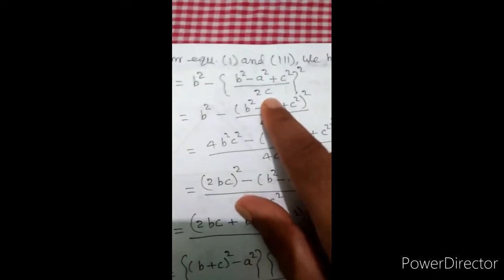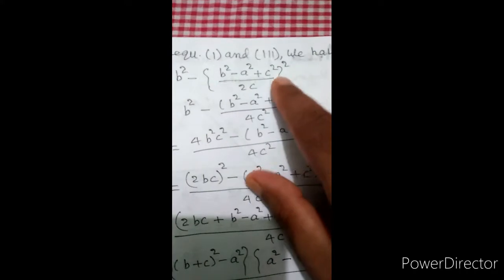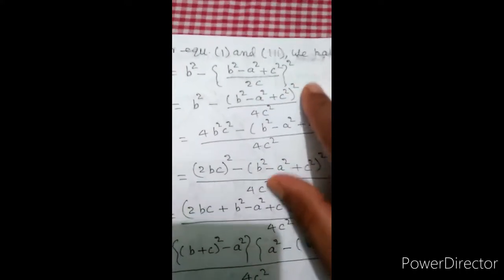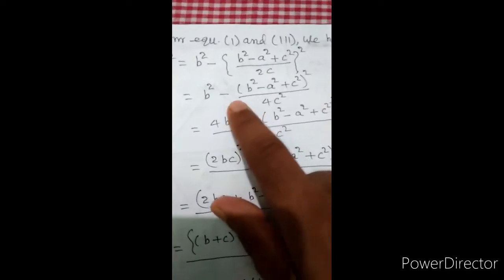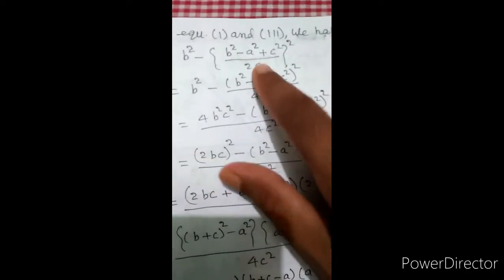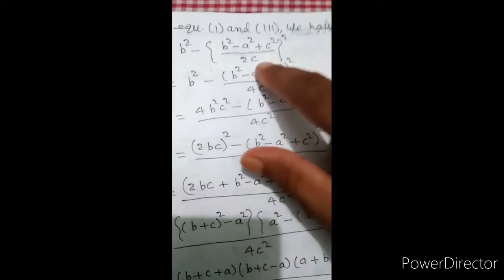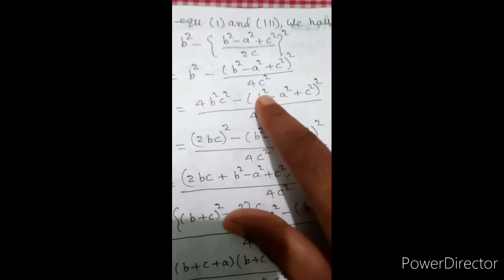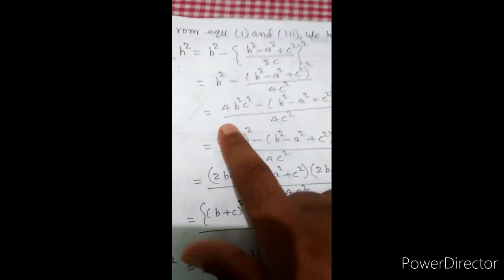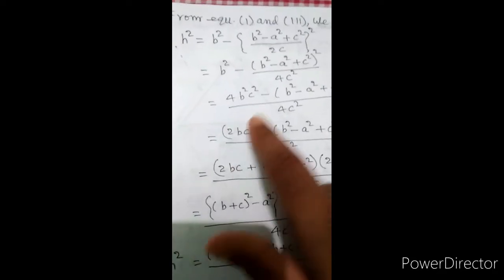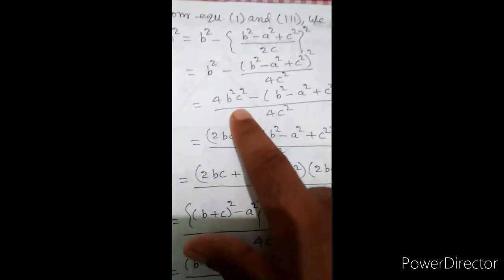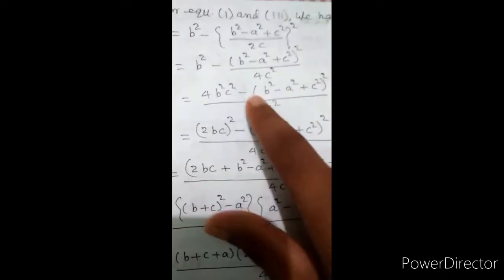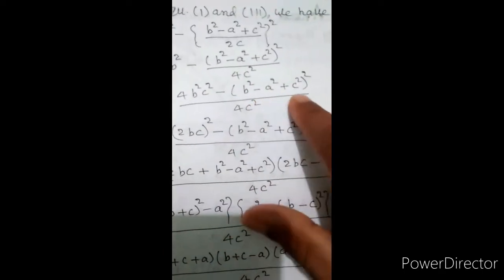This is the value of x: b square minus (a square minus b square plus c square by 2c) whole square. 2c its whole square gives us 4c square. Now take LCM, it gives us 4b square c square minus (b square minus a square plus c square) and its whole square.